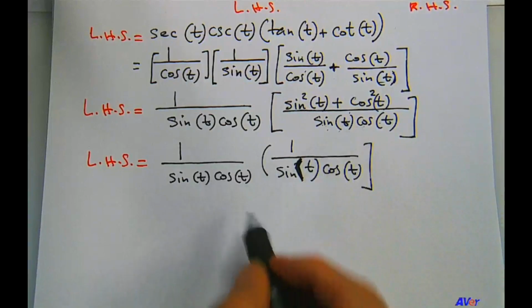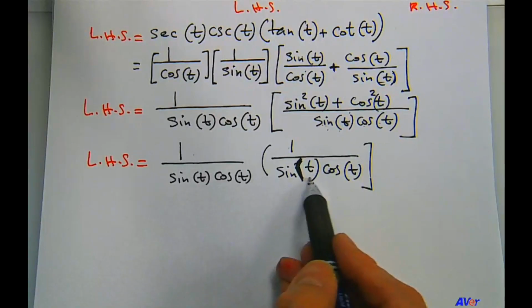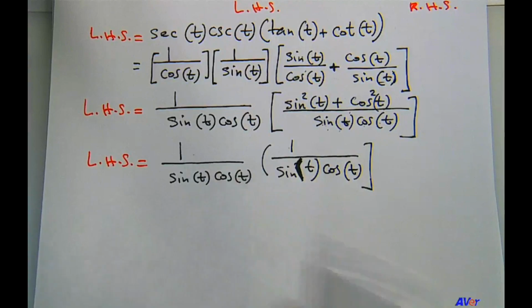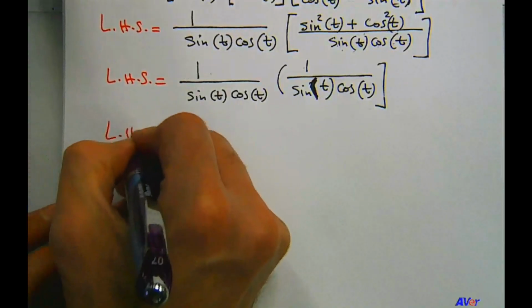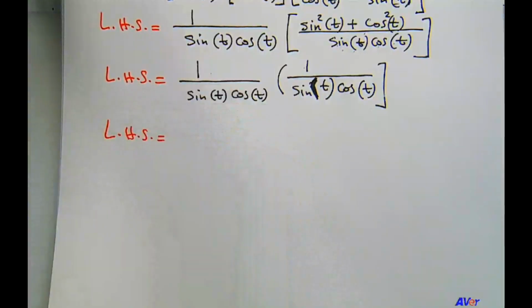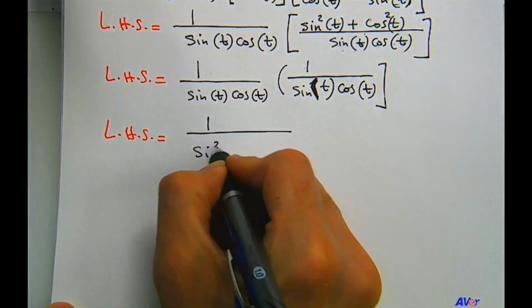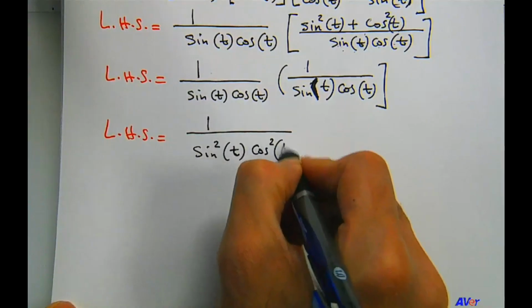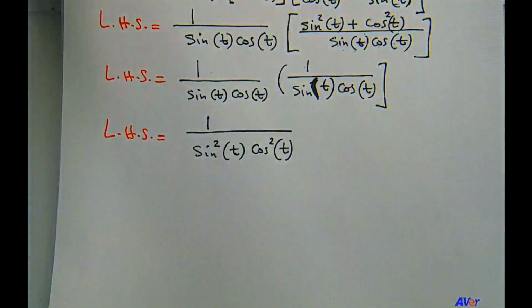So 1 times 1 is 1, and sine t cosine t times sine t cosine t is sine squared t times cosine squared t. So let's write that down. We have 1 over sine squared t times cosine squared t. So that's our left-hand side.